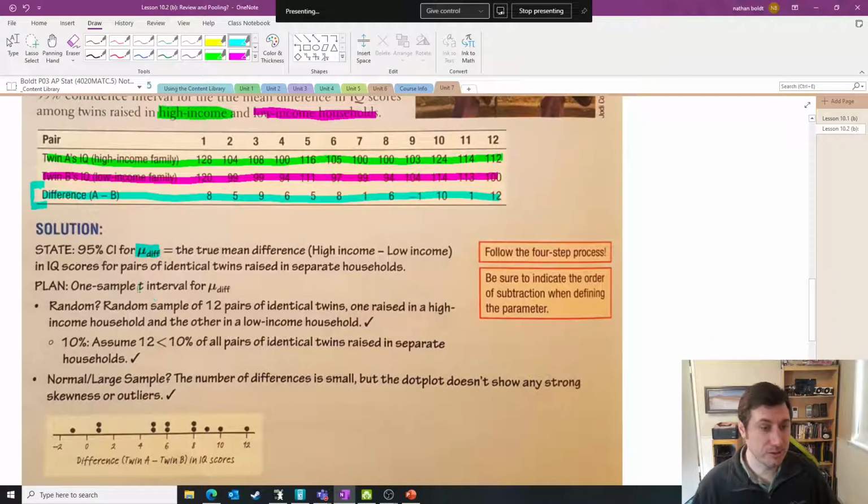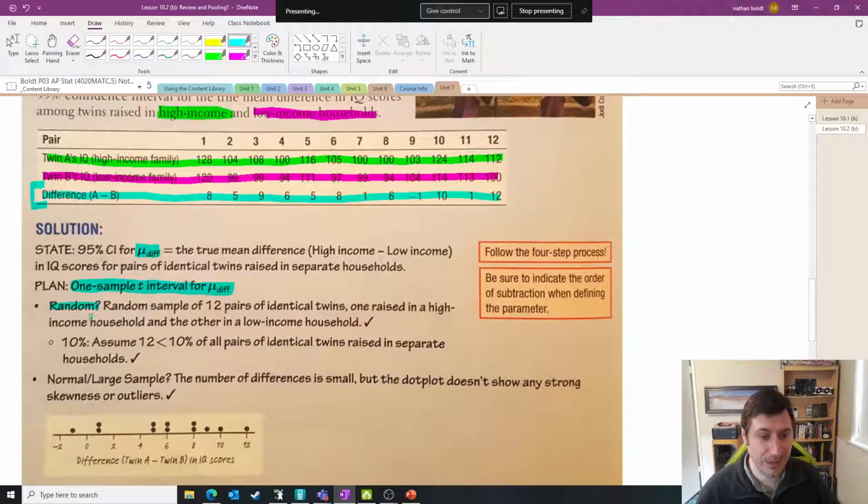All right, now here's an important part. We are doing a 1-sample t-interval. Again, because we combined the 2 samples into 1 sample, we now do a 1-sample t-interval. So that's one slight difference there. Okay, it might seem a little weird. But now the conditions we have are the same. Random condition.